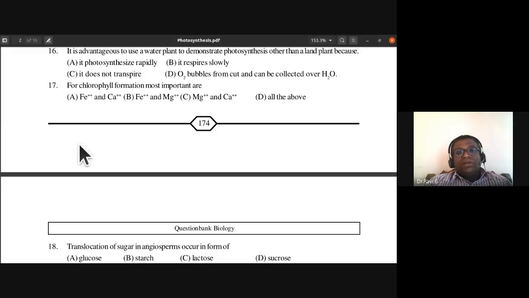See, for chlorophyll formation, the most important are iron and magnesium. So Fe++ and Mg++ are important for chlorophyll formation. So B is the answer. So 17th, B is the answer.